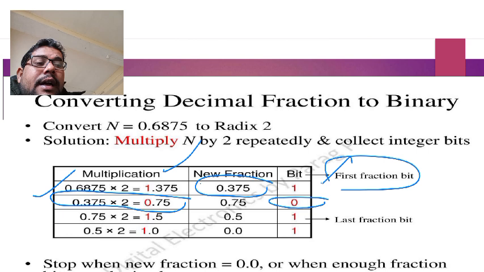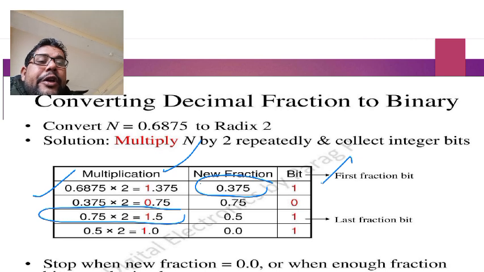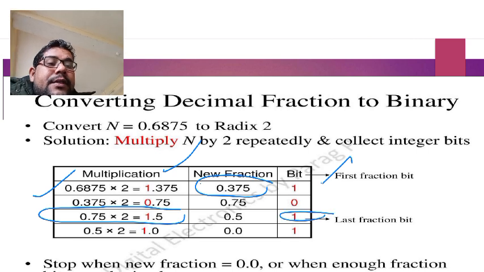Again this new fraction is multiplied by 2, so we get 1.5. Then the new fraction is 0.5 and the new bit is 1.